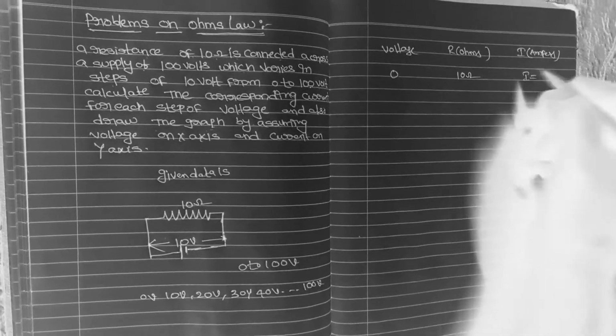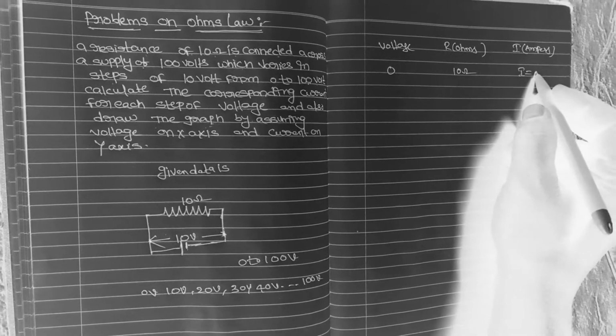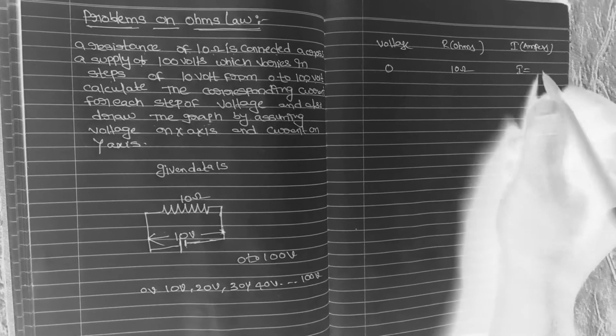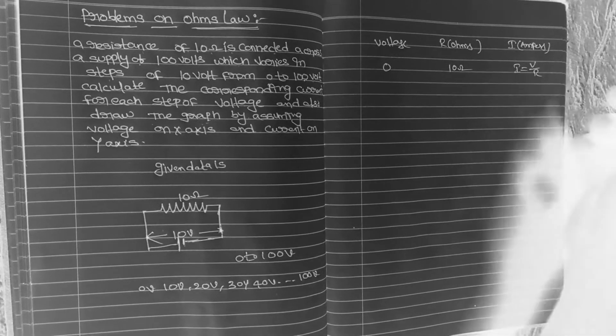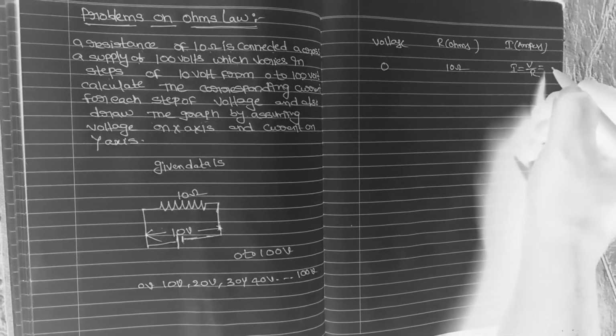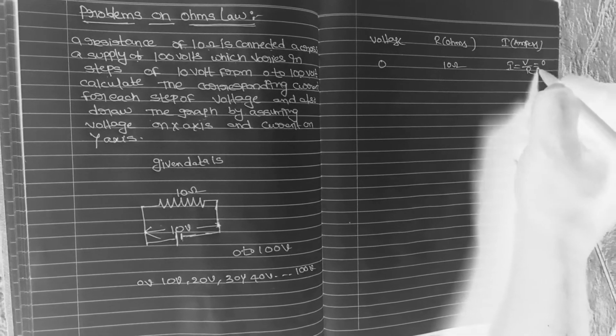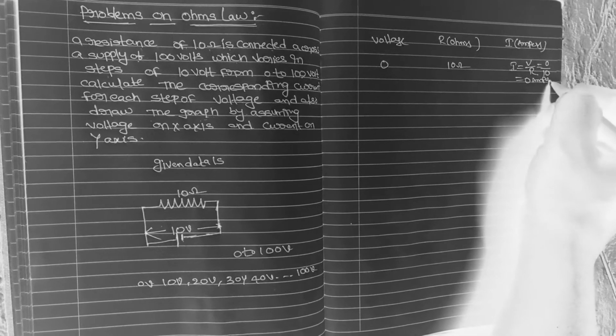At that condition, what is the total current we are getting? According to Ohm's law, I is equal to V by R, and from this V is equal to IR. So I is equal to 0 by 10 ohms, which is 0 amperes.